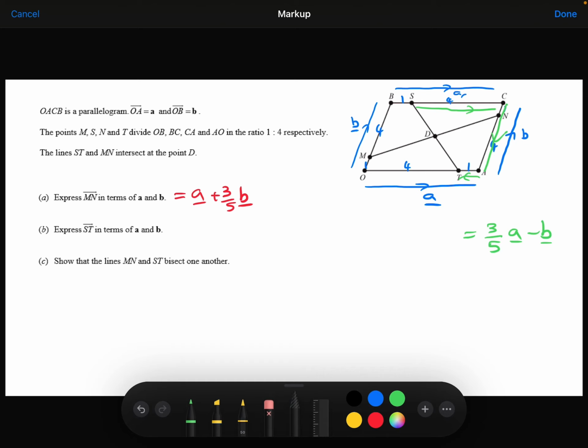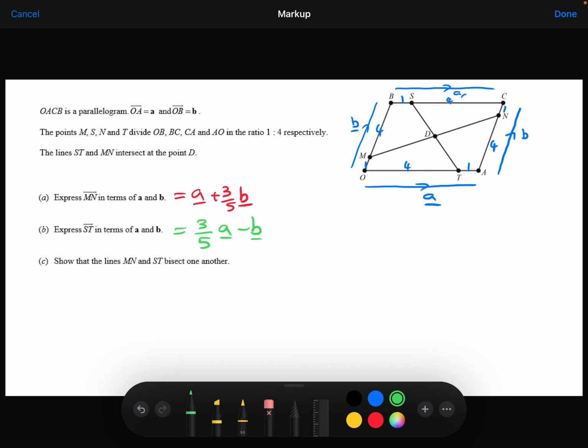Now for part C. We need to show that the lines MN and ST bisect one another.